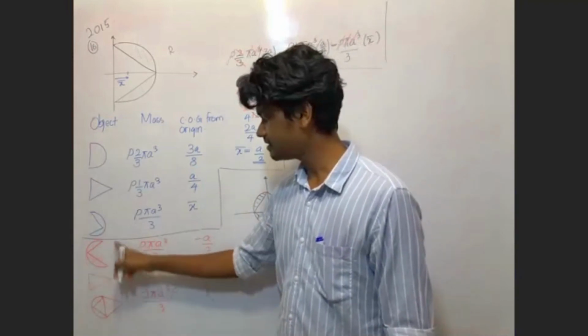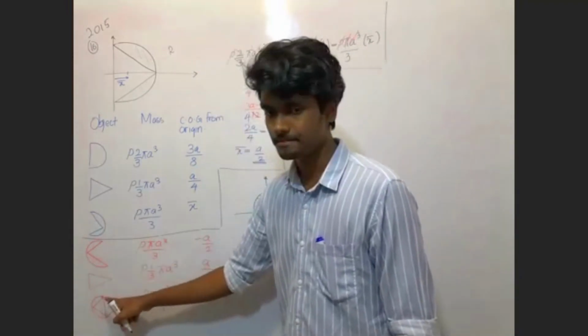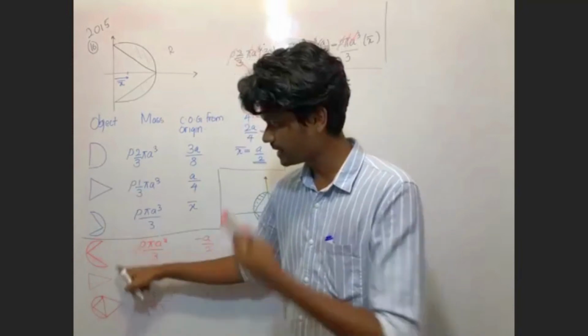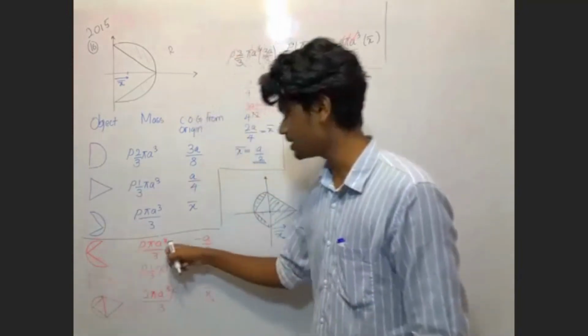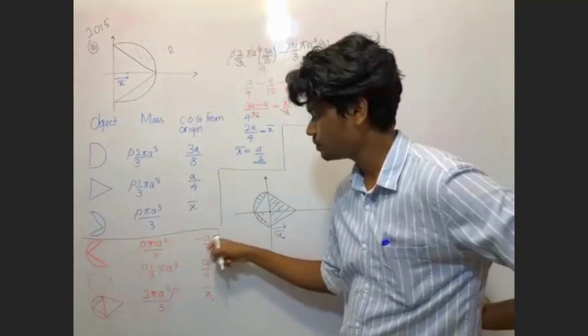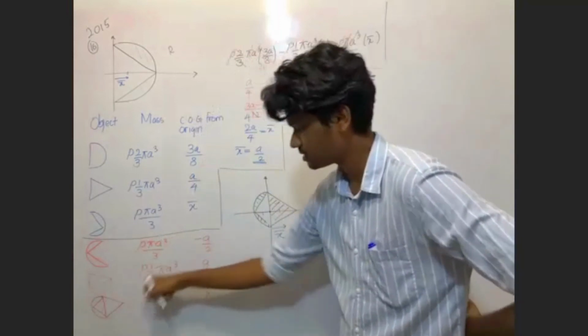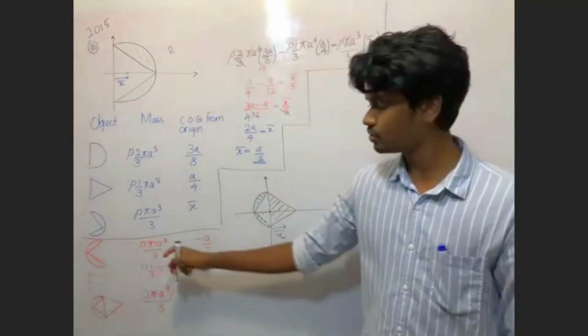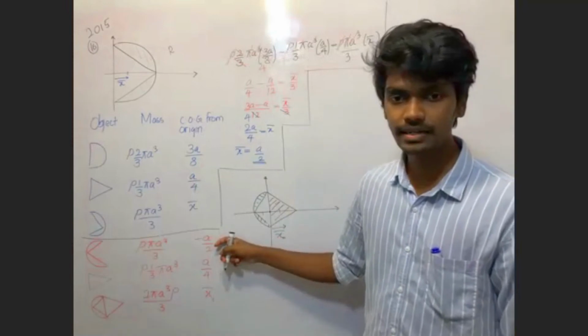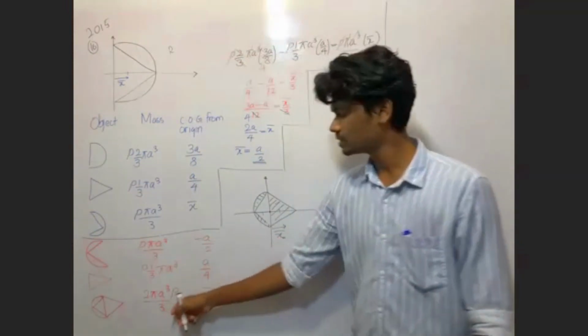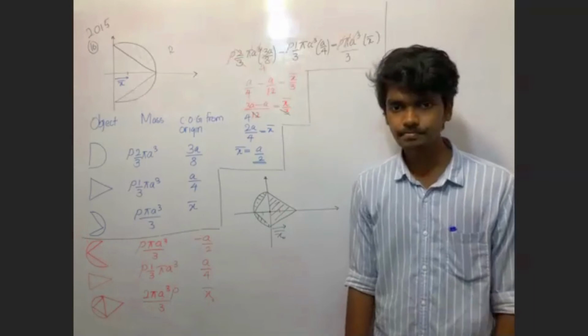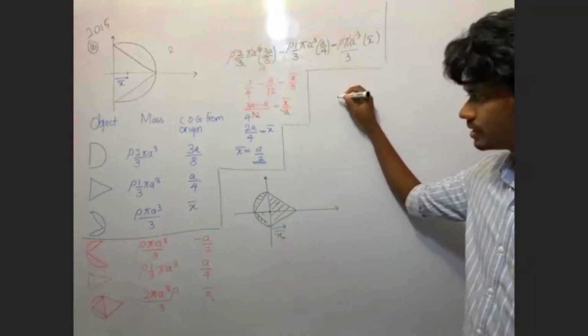By adding these two, you're going to get this. By combining these two, you're going to get this, which means you need to add these two products to this. These two products, when multiplied, will give you this product, right?